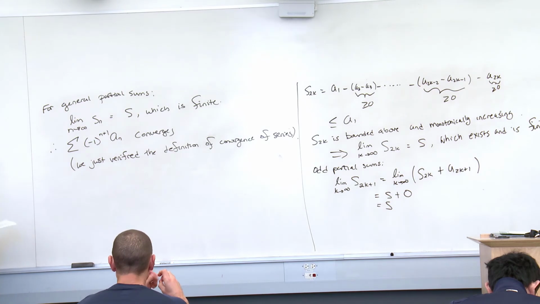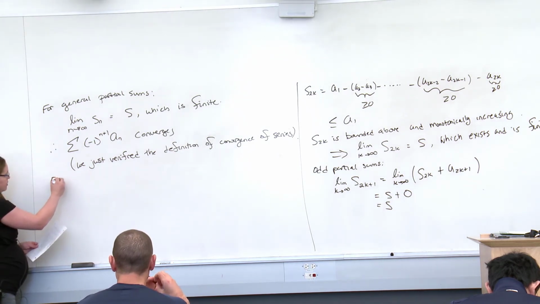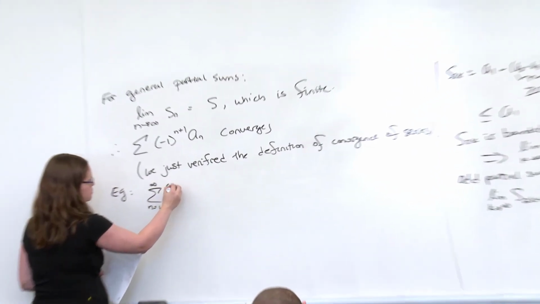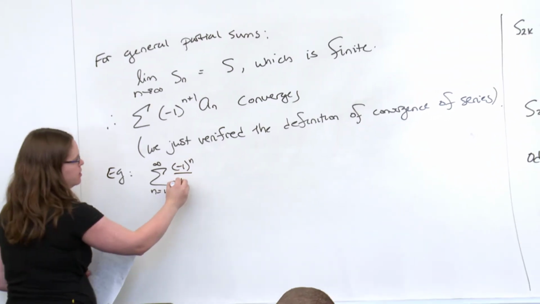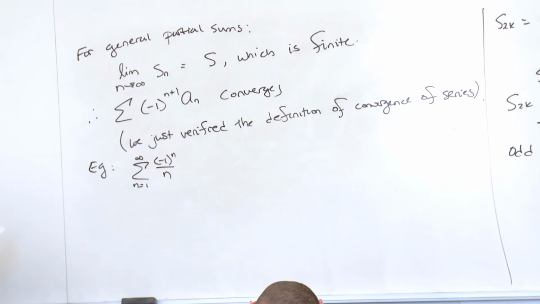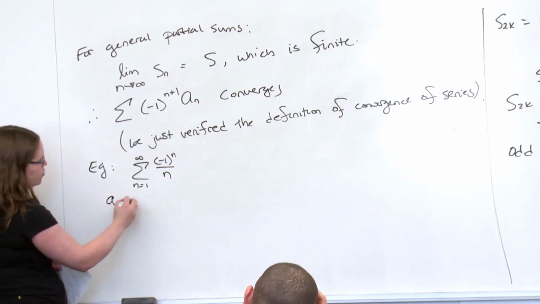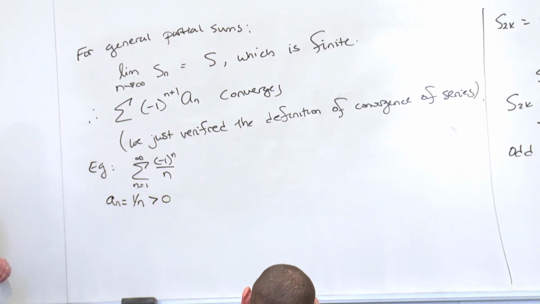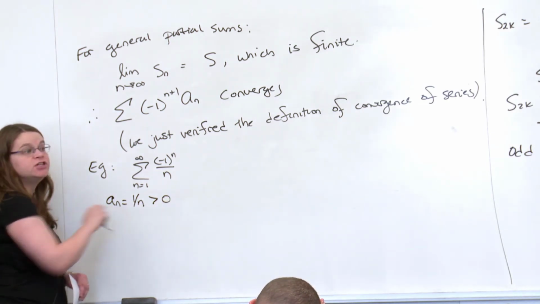Okay, so if we go back to our alternating harmonic series, so we have our minus 1 to the n and 1 over n. If we look at a_n equals 1 over n, this is certainly positive. It's certainly decreasing.